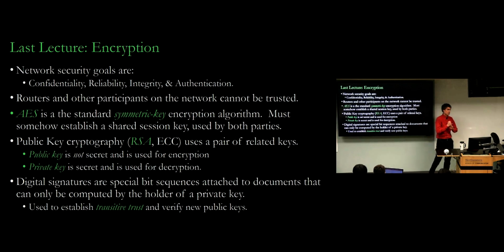Reliability, meaning that your messages can get to their destination, they're not blocked from arriving. Integrity, meaning that when they arrive, they actually say what you said initially, they weren't changed. And authentication, meaning that you know who you're talking to. We're going to be talking about authentication in more detail today, because that's somehow the most tricky problem to solve in network security.